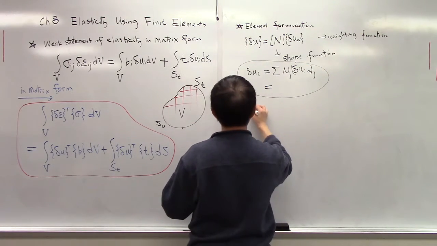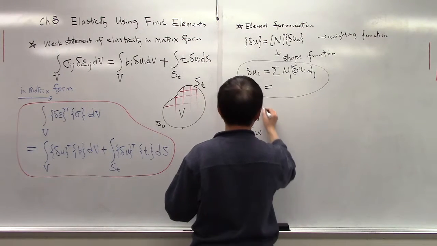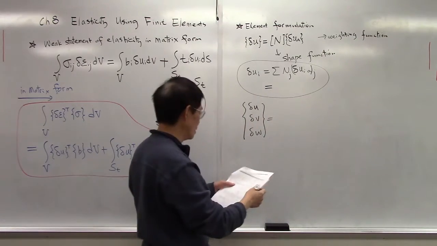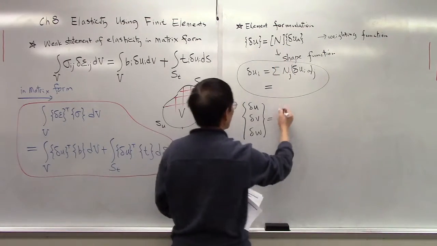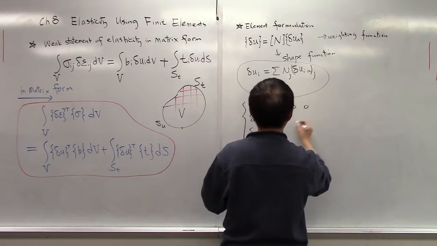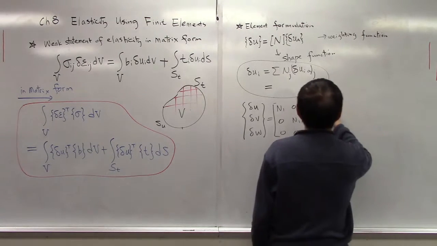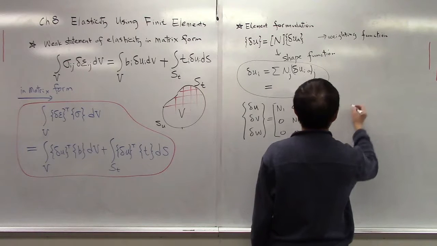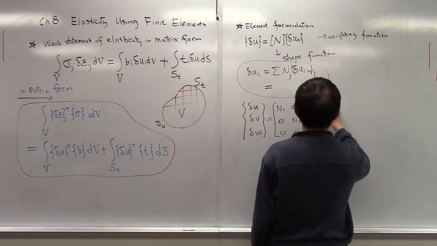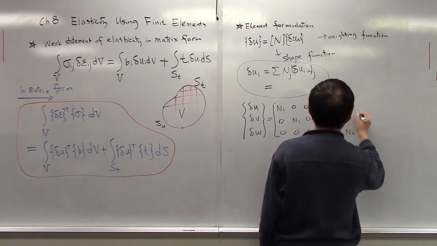This is just an aside. Now, when we write it as delta U, delta V, delta W, so the 3 nodal displacements, this formula is really like this. We have N1 here, and then 0, 0, 0, N1, and then 0, 0, 0, N1. Let's look at that as a submatrix. And then N2, 0, 0, 0, N2, 0, 0, 0, N2, and a submatrix.